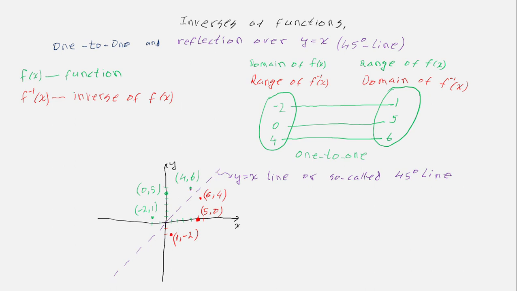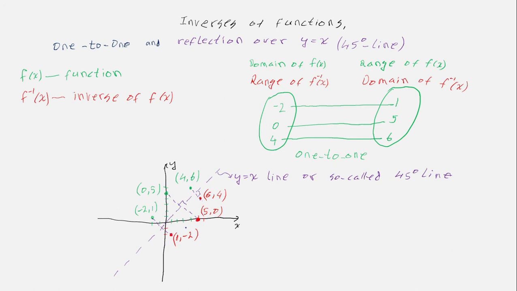Each of these points actually reflected over that line. See how 4, 6 reflected over under 90 degrees and became 6, 4. 0, 5 did the same thing, reflected over and became 5, 0, also under 90 degrees. And then 1, negative 2 reflected over and became negative 2, 1. Either way, in either direction.